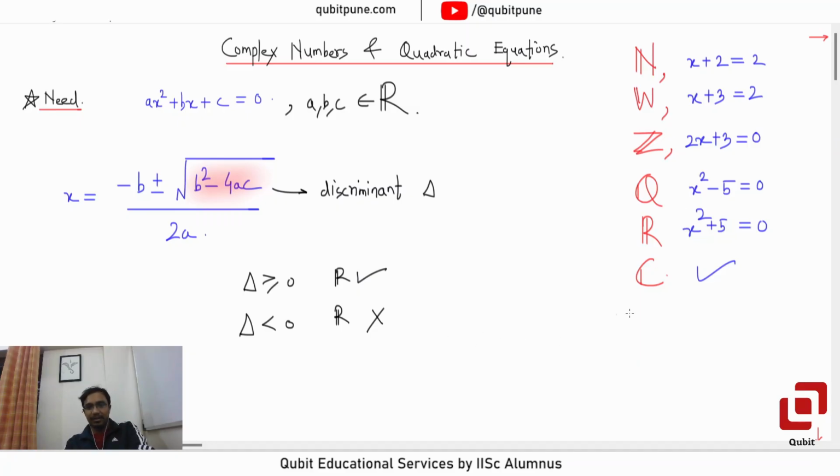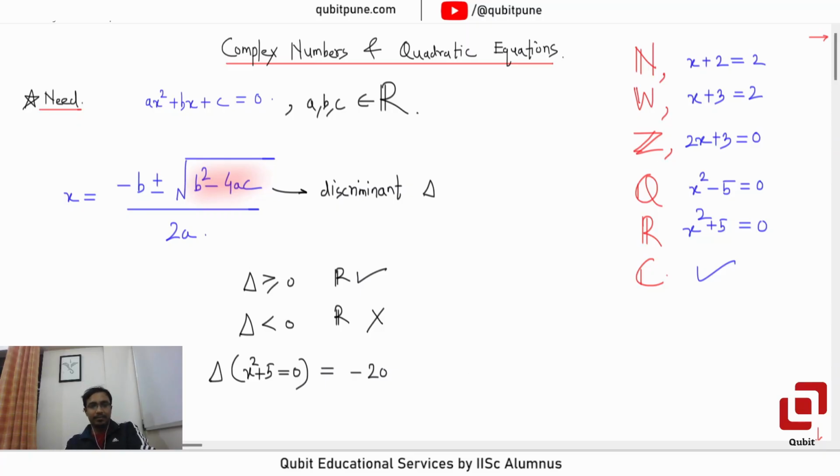How much is the discriminant in x squared plus 5 equal to 0? Anyone? It is minus 20. B is 0, a is 1, c is 5, so 0 squared, which is 0, minus 4 into a into c. That is 4 into 5, which is 20. So the discriminant is negative, and we cannot solve it in the set of real numbers. And that is the need. What is the need?